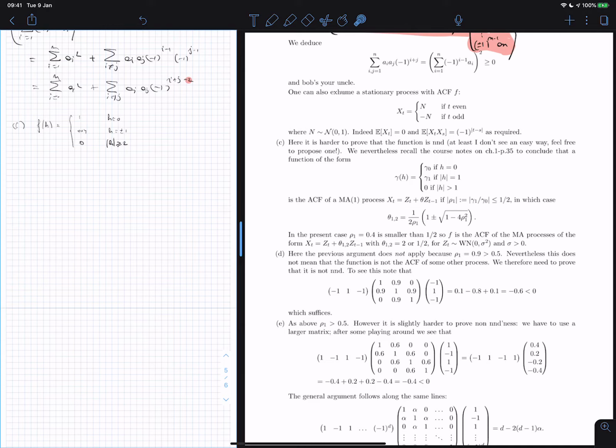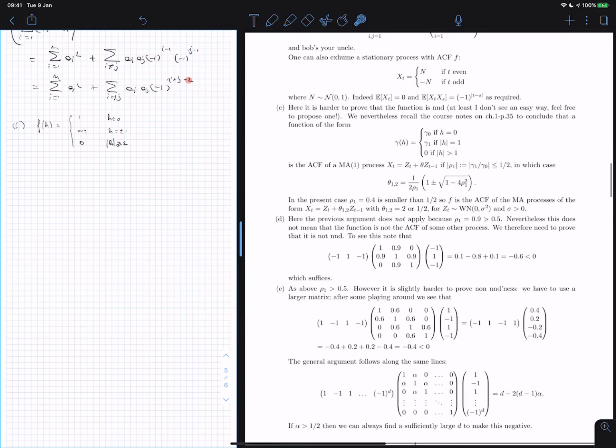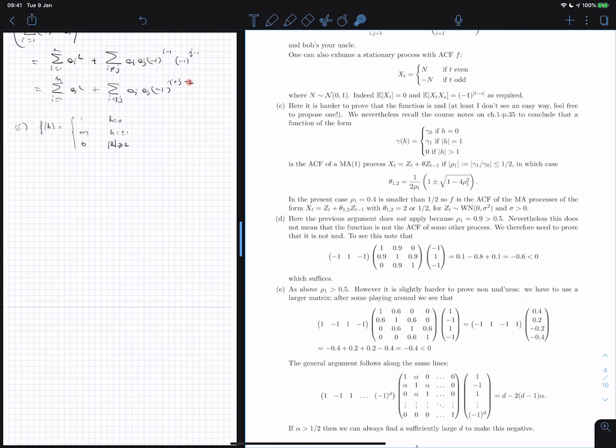Okay. So we are left with the fact that we have a covariance, and then the game is to write the process out explicitly.